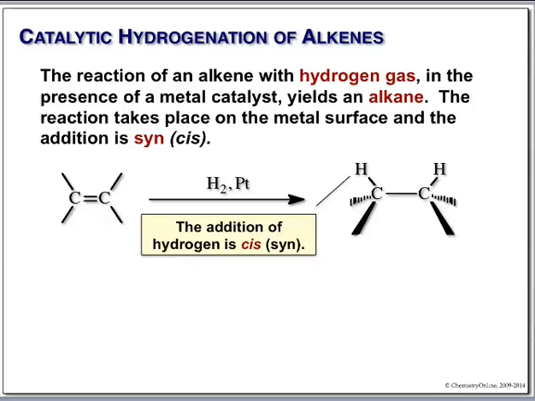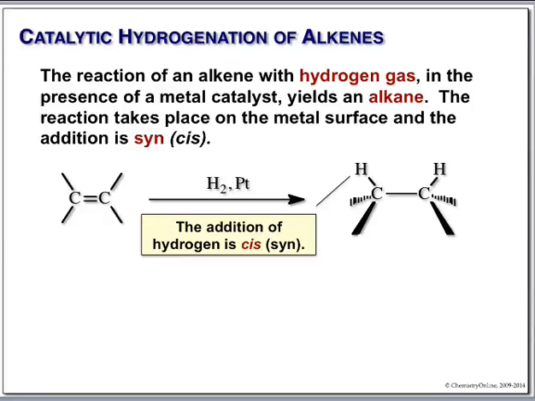All right, the last one we're going to do today, catalytic hydrogenation of alkenes. All we're going to do here is take an alkene and convert it to an alkane. That actually always seems like a waste because alkenes do so much nice chemistry and alkanes don't.